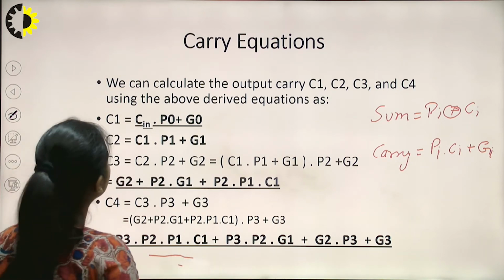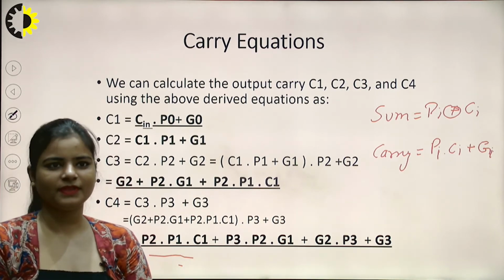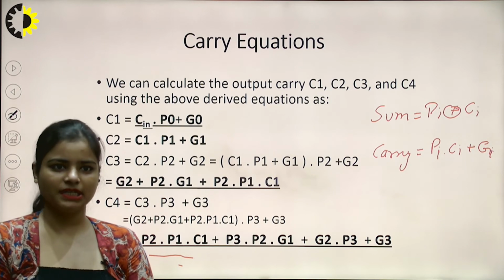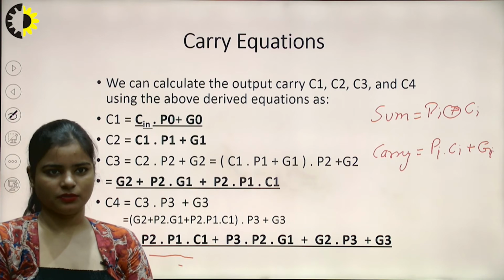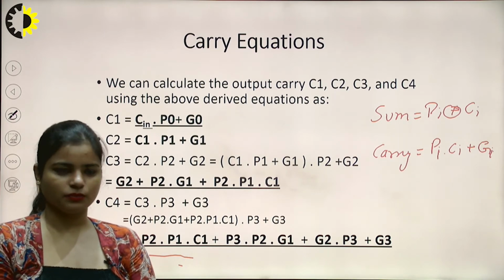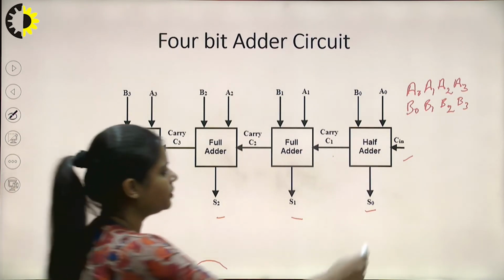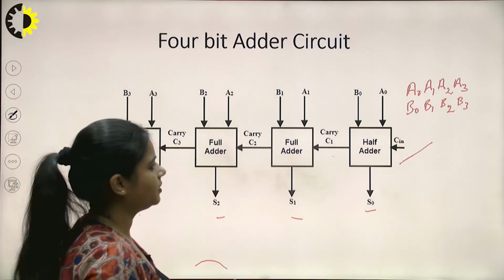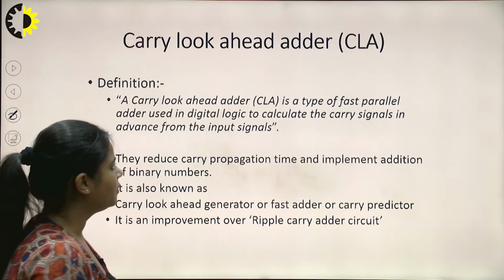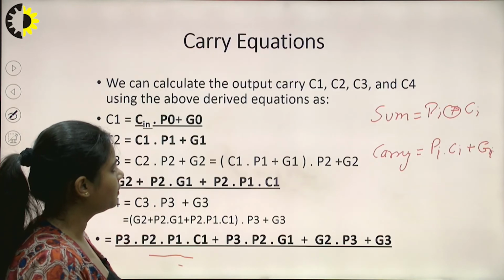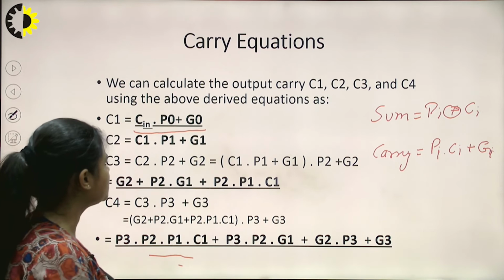For Cin, we have an initial input, so C1 is Cin dot P0 plus G0. But for our C2, the value of Cin would be nothing, but for this C1 we have the value Cin dot P0 plus G0.